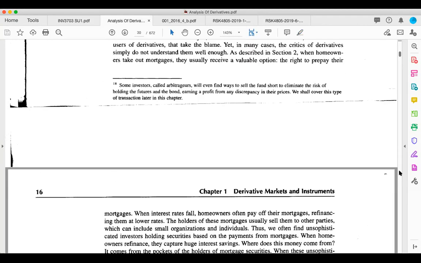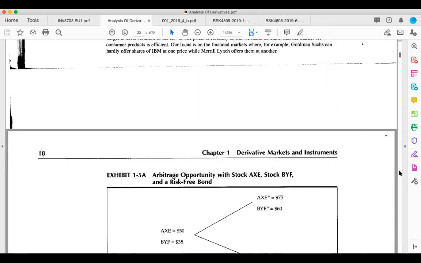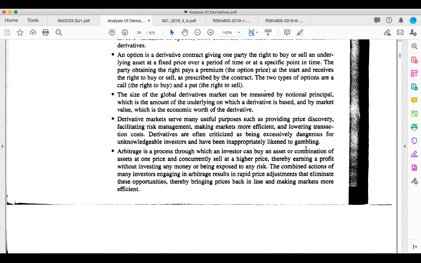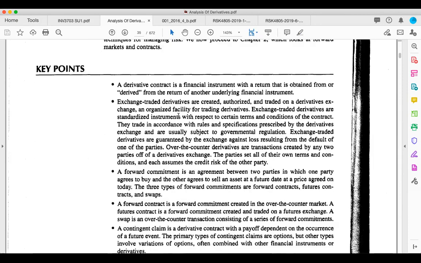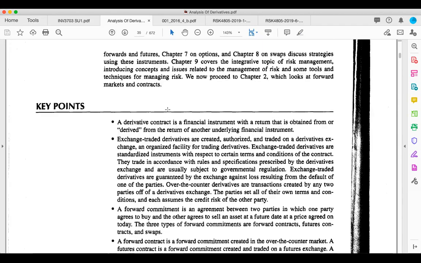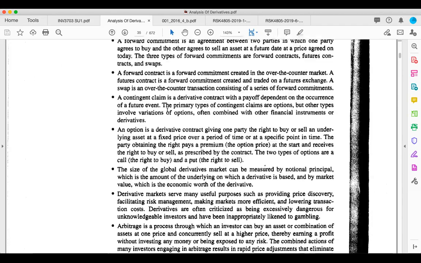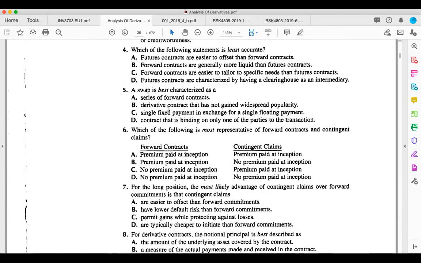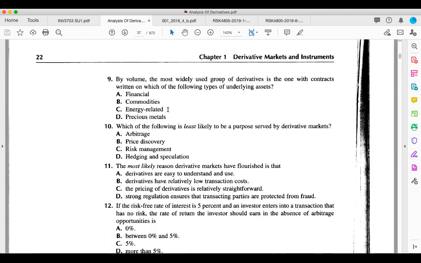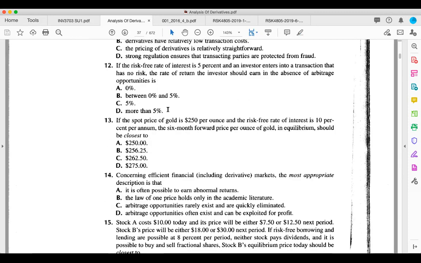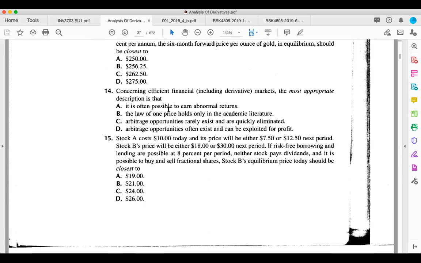What I want you to do is go through the key points at the end of the prescribed textbook. And then after going through these key points, try the questions found at the back of the prescribed textbook.